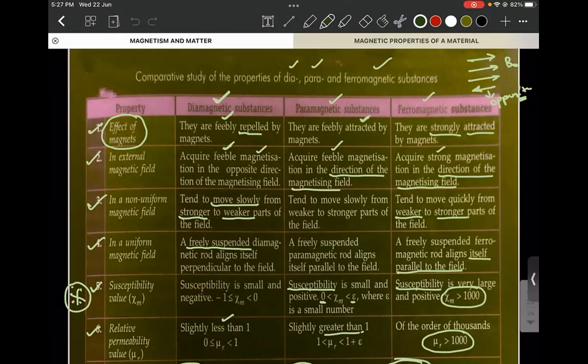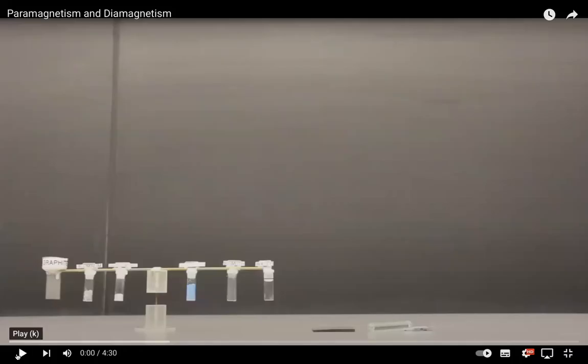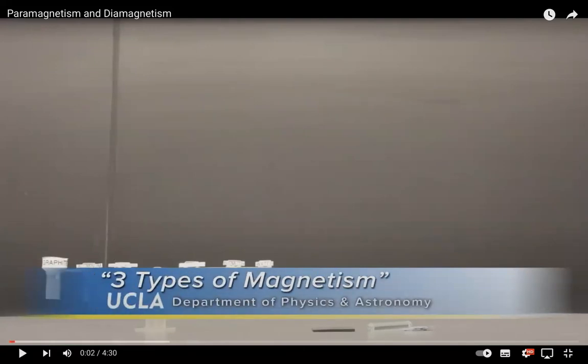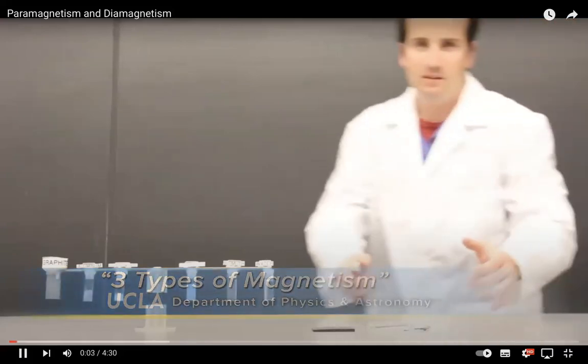Observe. Concentrate. The three types of magnetism are what we are going to discuss.